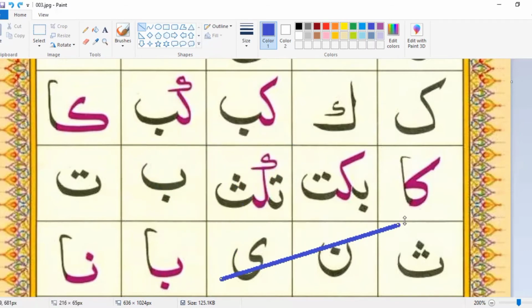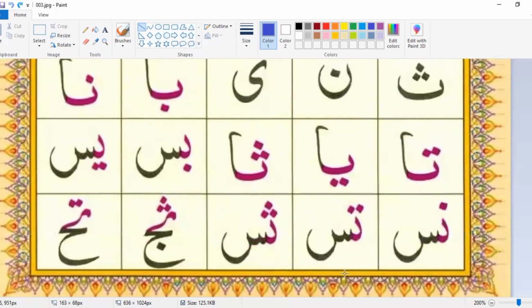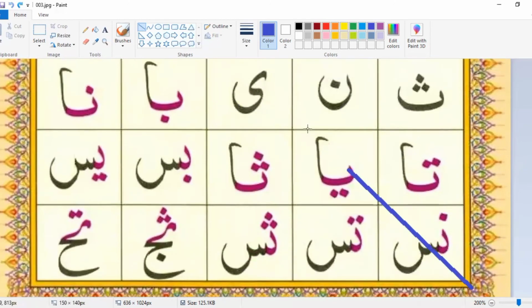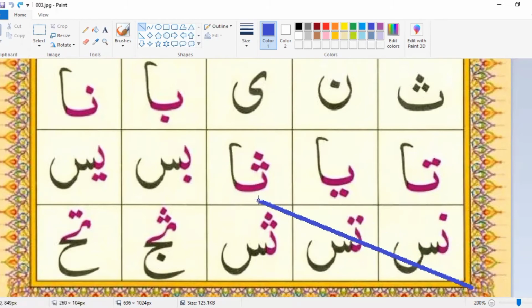Kaf, alif, ba, kaf, ta, ta, kaf, ta, ba, ta, sa, noon, ya, ba, alif, noon, alif, ta, alif, ya, alif, ta, alif.